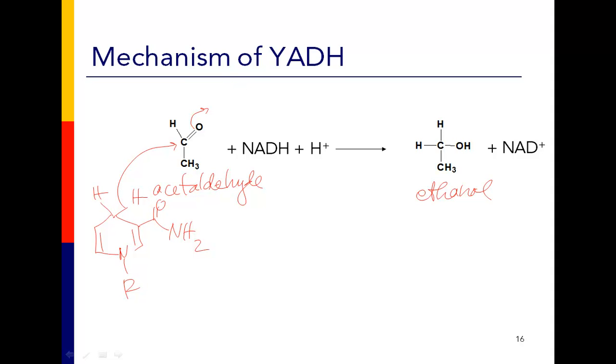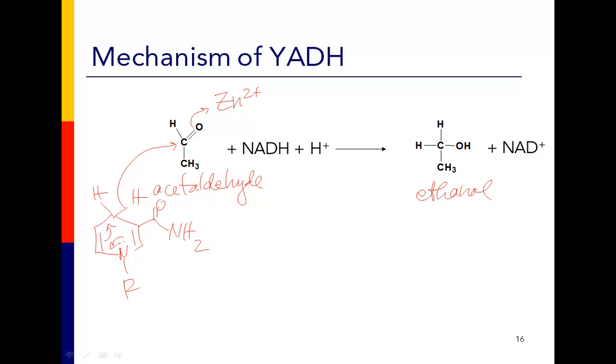Yeast alcohol dehydrogenase, that's what YADH stands for, is our first metalloenzyme. We're going to move those electrons around like we did before. So the zinc, what's the purpose of the zinc there? Right, stabilize the oxyanion.